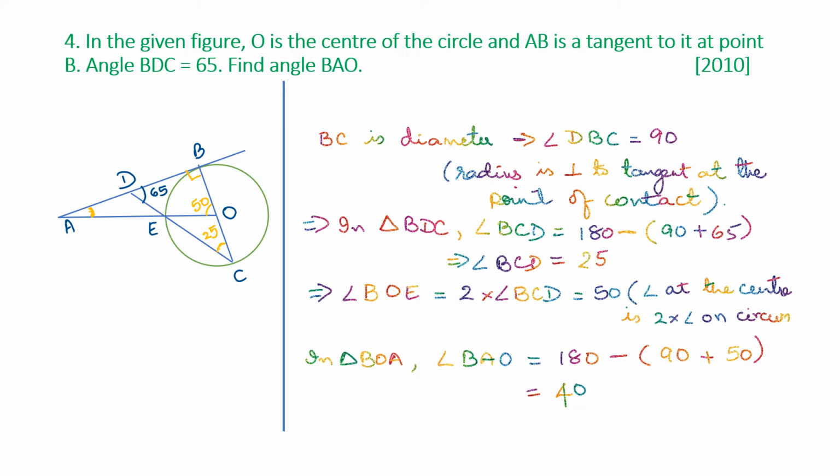So the angle at the center is 2 times the angle on the circumference. Then in triangle BAO, I'll get angle BAO is equal to 180 minus (90 plus 50), that is equal to 40 degrees.